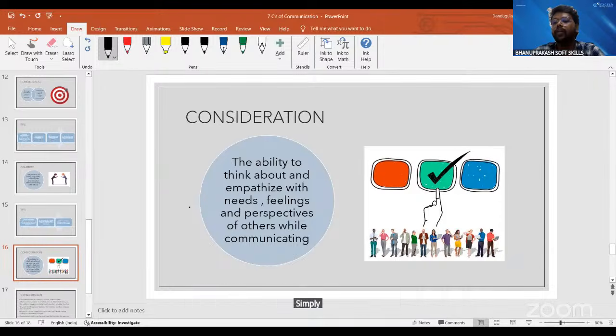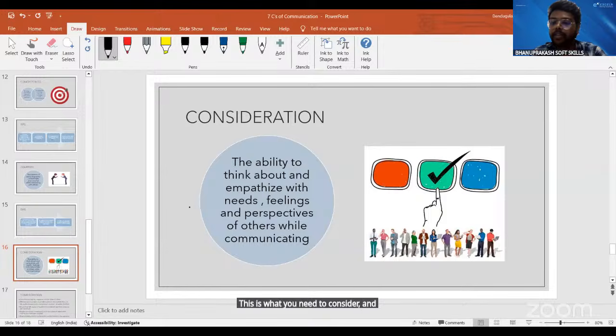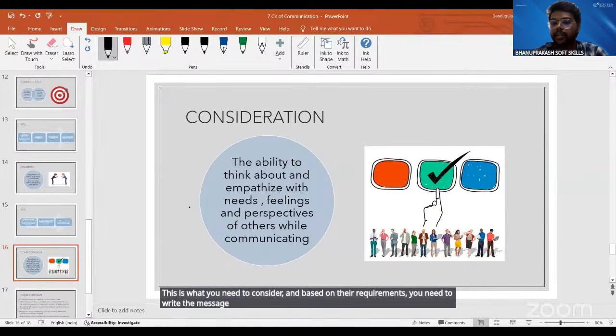Simply, you need to understand their point of view. Like in a normal HR interview, understand what they exactly want. Or in a presentation, what exactly the audience wants is what you need to consider, and based on their requirements you need to write or say the message.